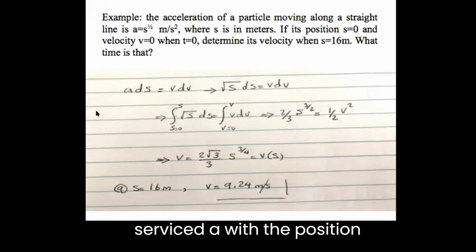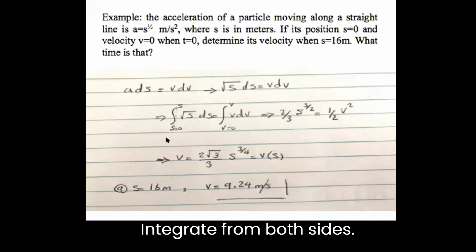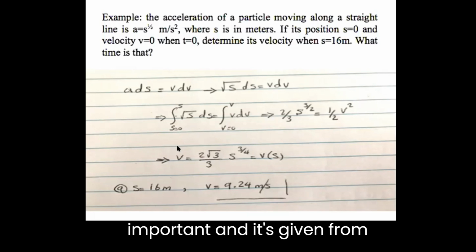We substitute a with the position function and integrate both sides. Pay attention to the lower limit of integration, because it is very important and it's given in the problem statement.